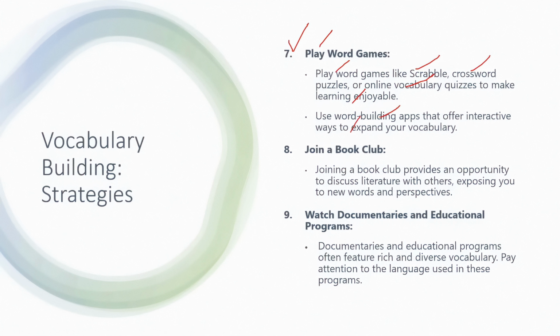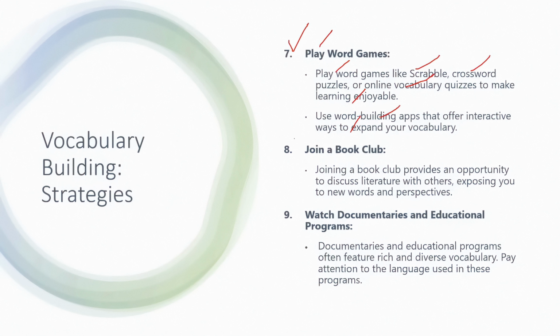This is one of the interesting ways of enhancing your vocabulary. There are different games and different mobile apps, like Scrabble or crossword puzzles, that you can use to construct words. You can also use some mobile apps that help you enhance or build vocabulary.